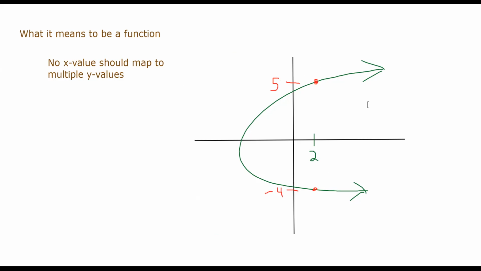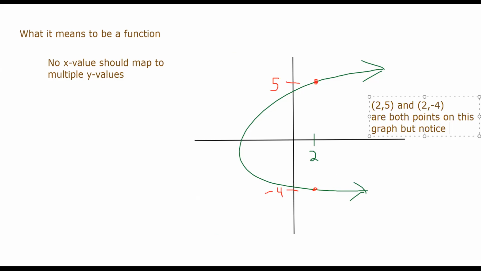What this means is that (2, 5) and (2, -4) are both points on this graph. They are. (2, 5) is right here, (2, -4).